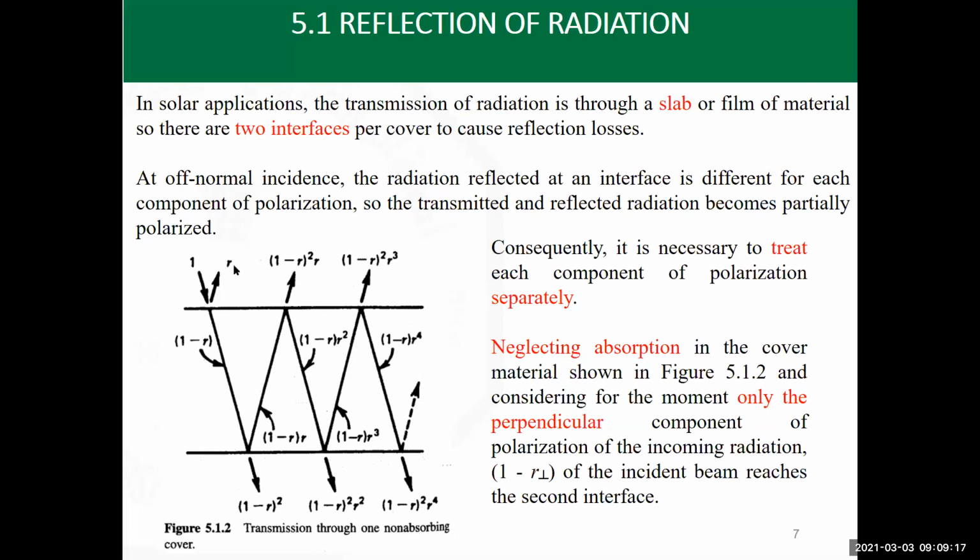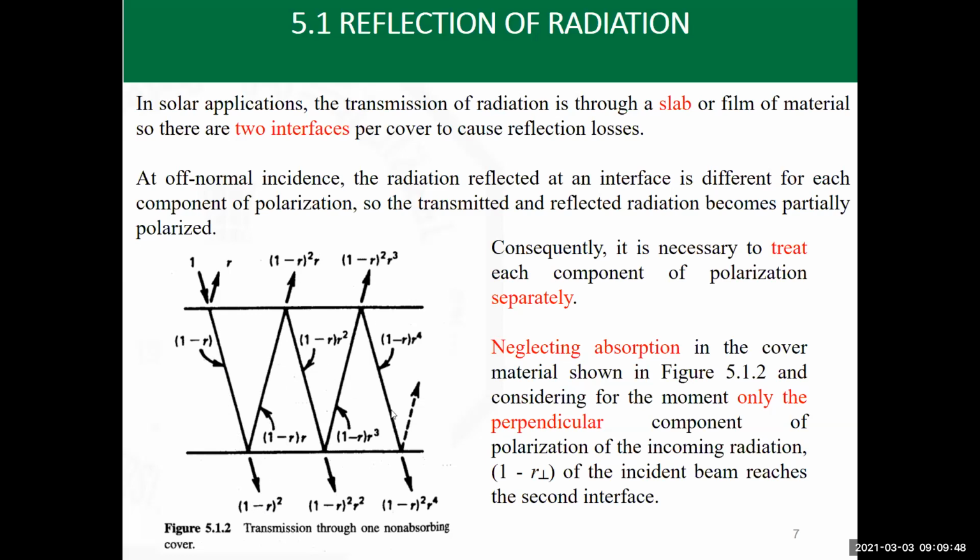There's a part which is reflected, and the remainder which is not reflected is 1 minus R. It moves within the material until it reaches the lower surface of the glass, and then part of it is going to be reflected. What is falling is 1 minus R, so what will be reflected is R into 1 minus R. And the part that will penetrate through is 1 minus R of the 1 minus R, so it's 1 minus R squared.